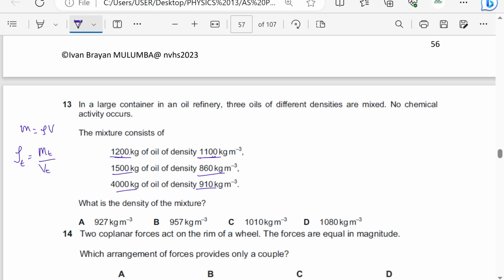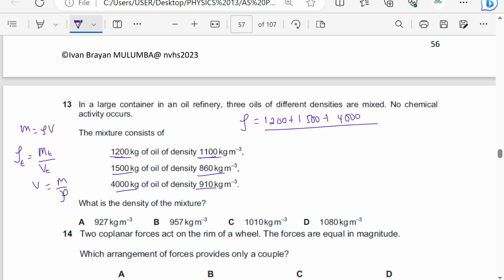So the density of the mixture is going to be the total mass, which is 1,200 plus 1,500 plus 4,000, that is total mass, divided by total volume. So to get volume, I'll always be dividing the mass by the density. Volume is going to be mass over density.